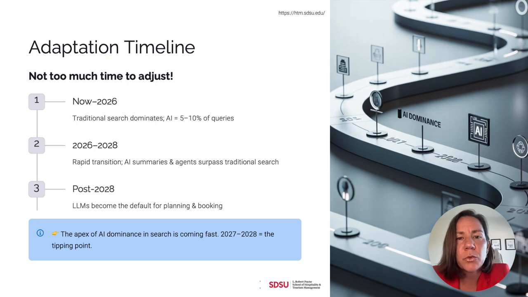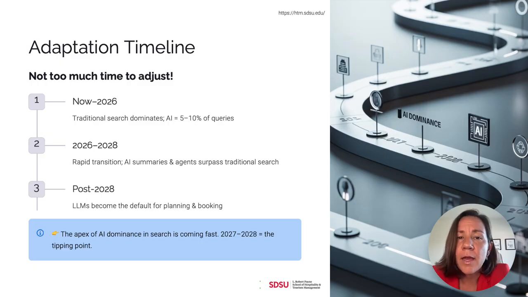Now through 2026, traditional search still dominates, but AI is grabbing 5 to 10% of queries and growing. 2026 to 2028, rapid transition. AI summaries and agents begin surpassing traditional search. Post-2028, LLMs could become the default way customers plan and purchase.